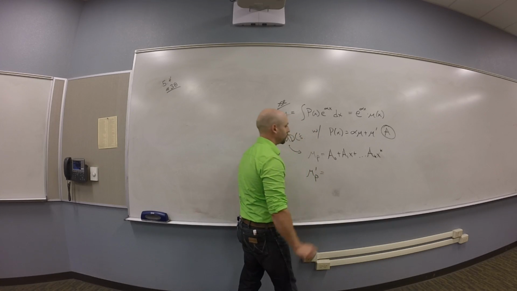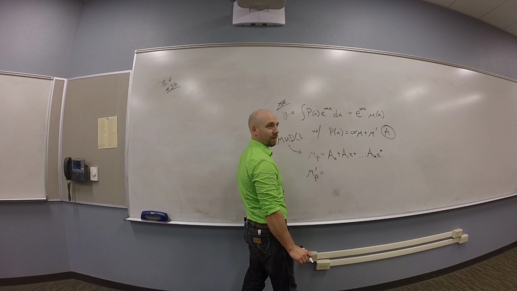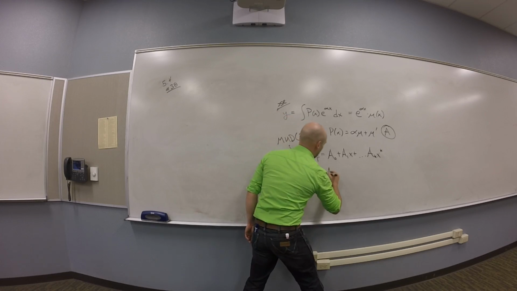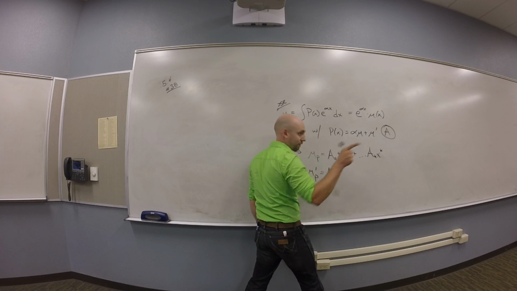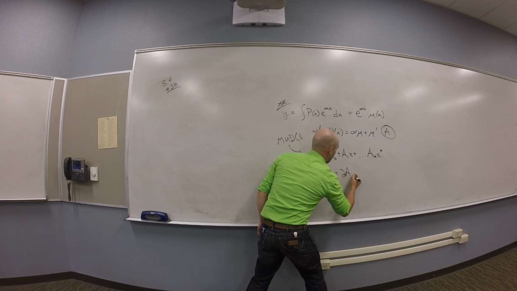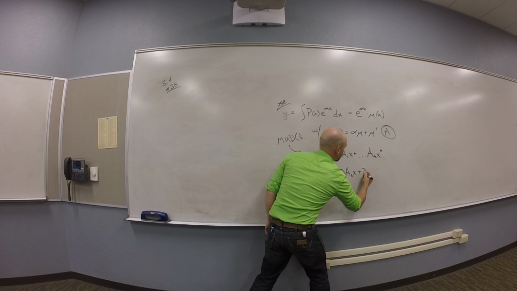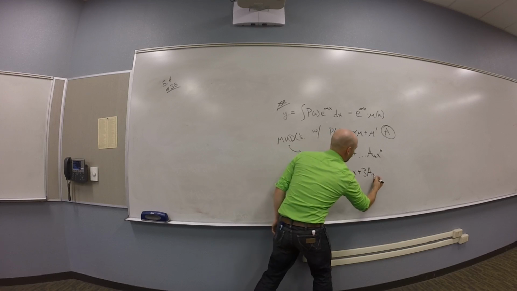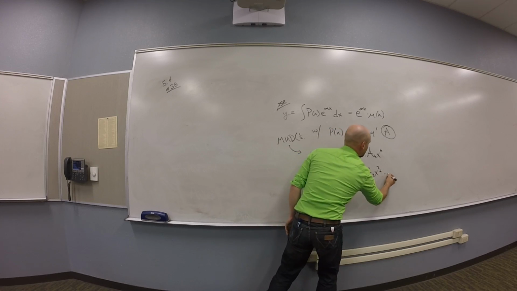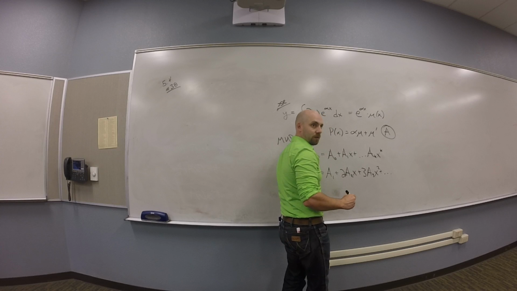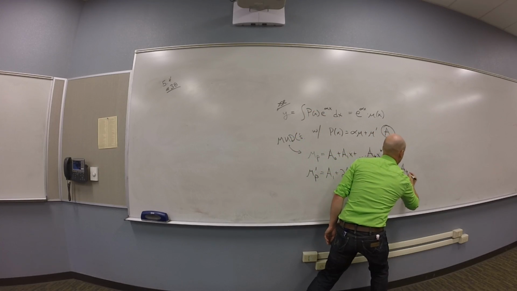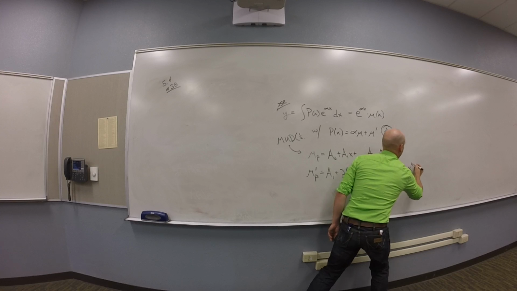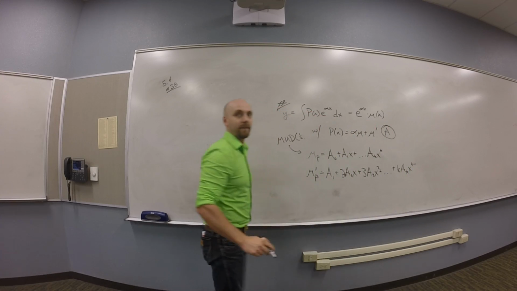So mu p prime should be what? a1 plus 2a2x plus 3a3x squared plus, and so on. And at the end here, I'm going to get k a k x to the k minus 1, right?